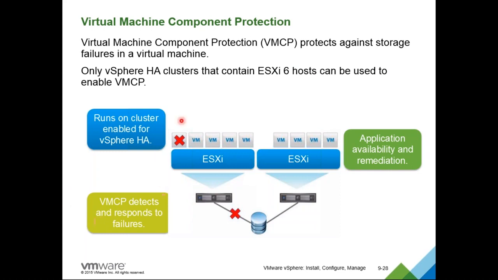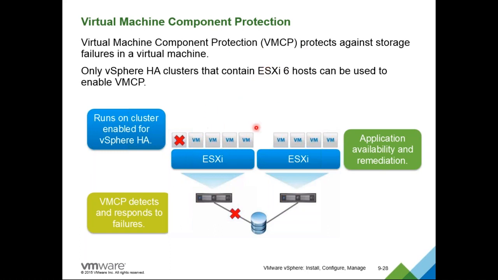So earlier, HA provided availability on your ESXi hosts and virtual machines. Now, whatever applications are provisioned on your clustered VM environment, those virtual machines are also protected by using the HA VMCP feature from vSphere 6.0 onwards.